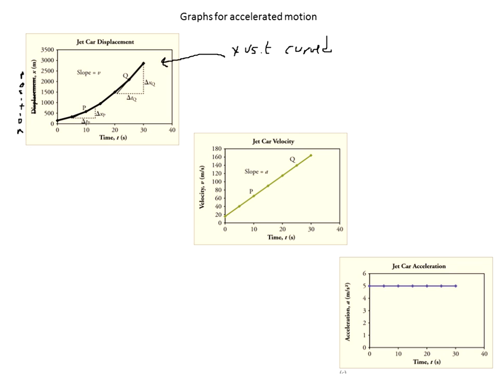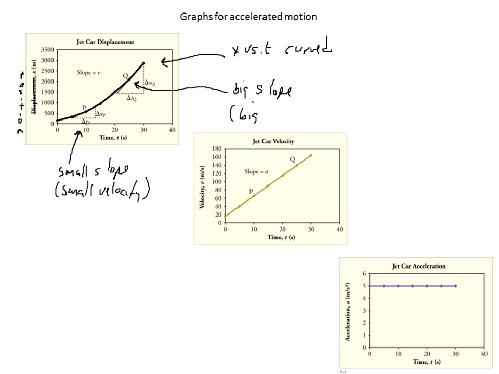Notice that the slope, so this is a small slope, which means small velocity. This is a big slope, which means big velocity.